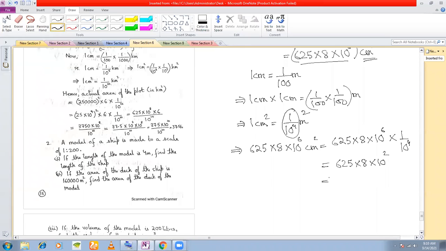Now you can multiply this to get your answer in meter square. So in meter square, this should be 5 lakh meter square. Okay.